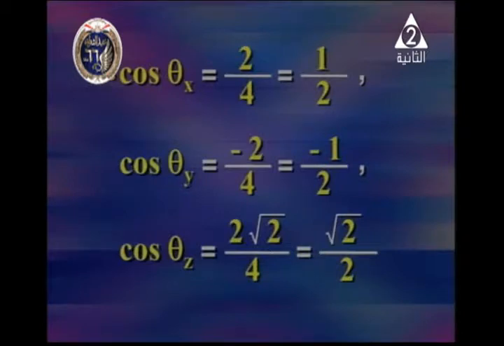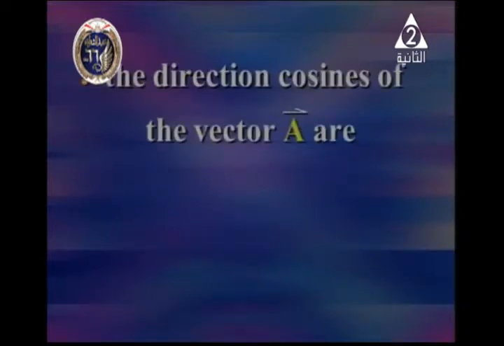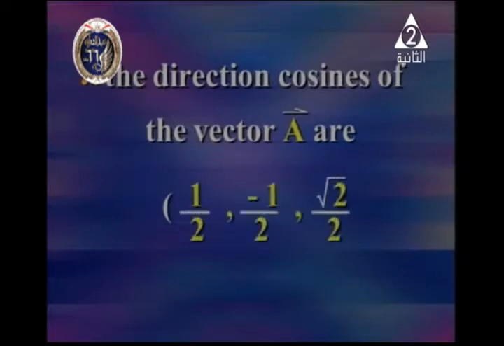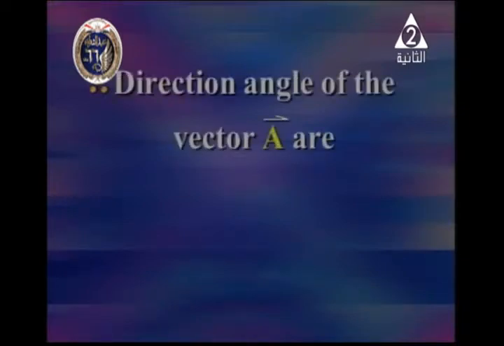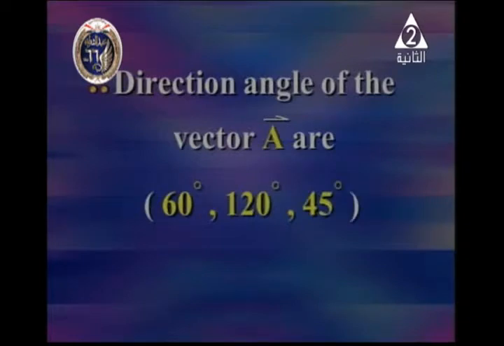After that, we calculate theta x, theta y, theta z, these angles of direction. Then the direction cosines of the vector A are 1 over 2, negative 1 over 2, and √2 over 2. The direction angles of vector A are 60 degrees, 120 degrees, and 45 degrees. Why?